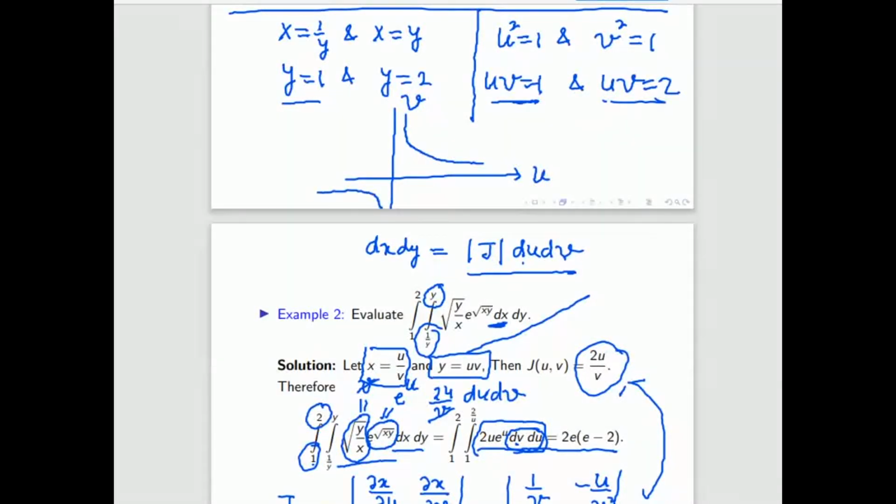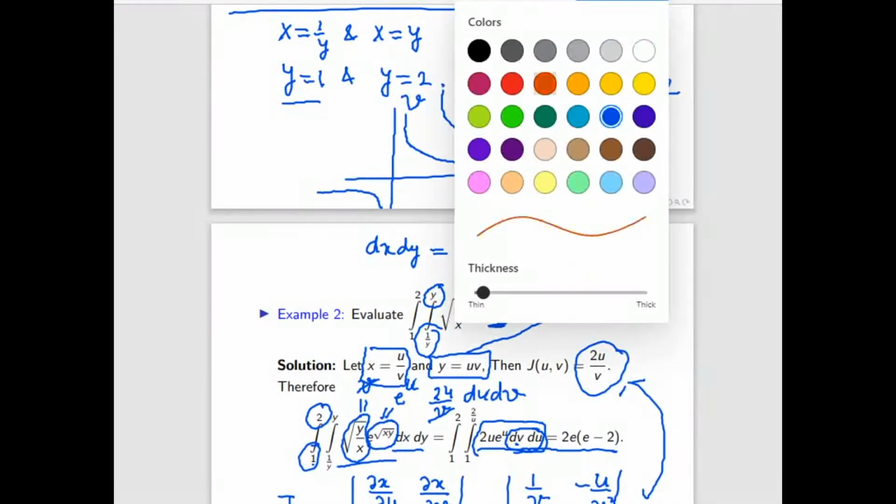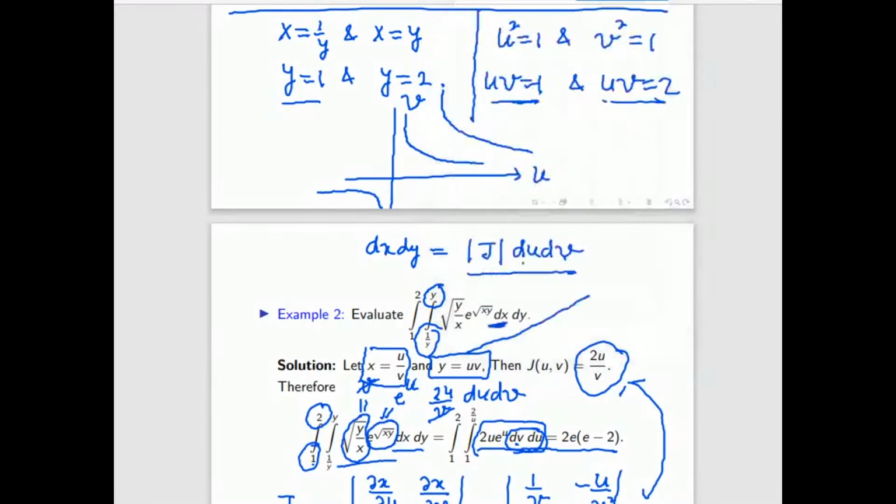So this is the graph of uv equal to 1. So what will the graph of uv equal to 2? That will also be a hyperbola, something like this. So this is uv equal to 2 and this one is uv equal to 1.